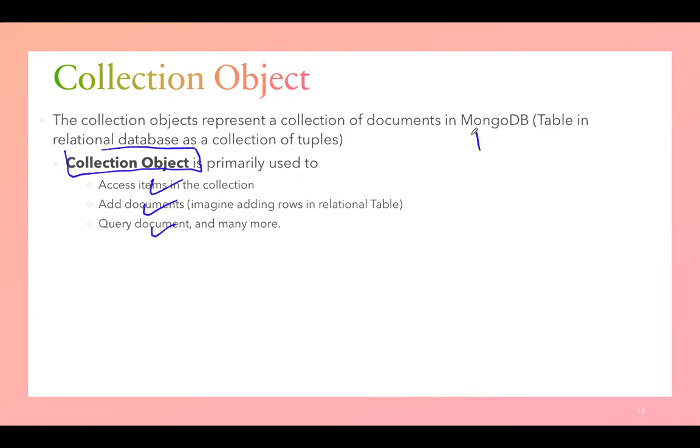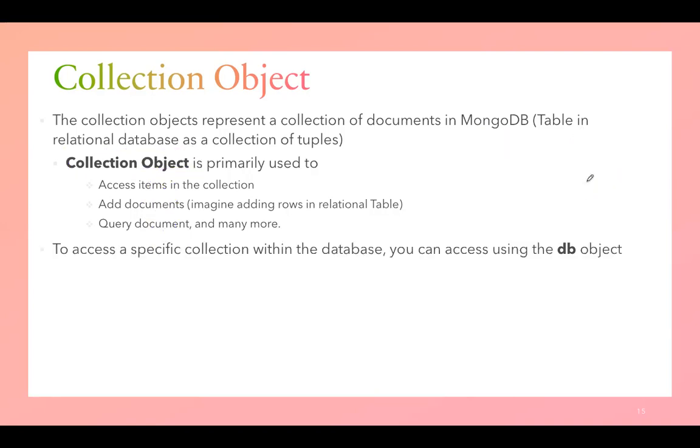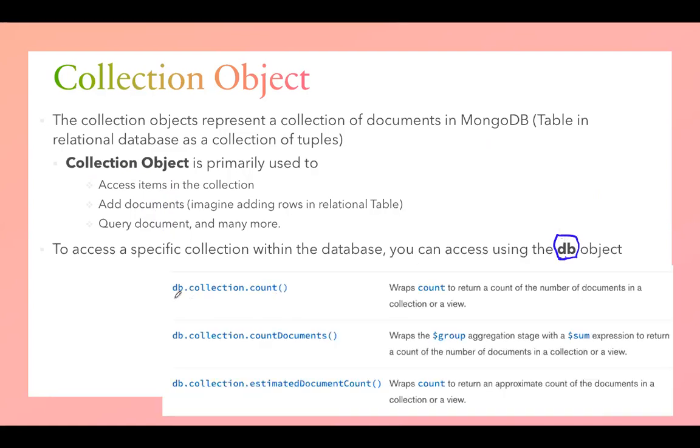From the database object, you have to create a collection object, and that collection object will give you access to the documents. To access a specific collection within a database, you use the DB object. First, the DB object will be created. Once you have the DB object, you can use this path expression, collection.count.